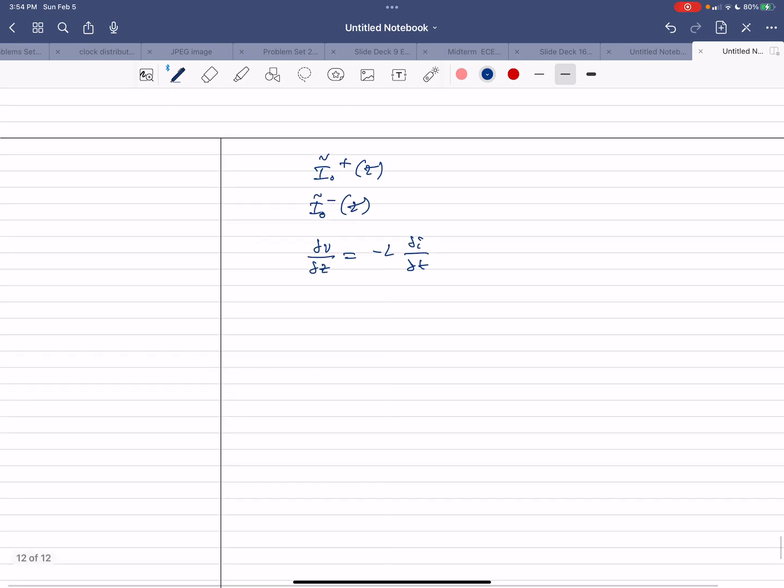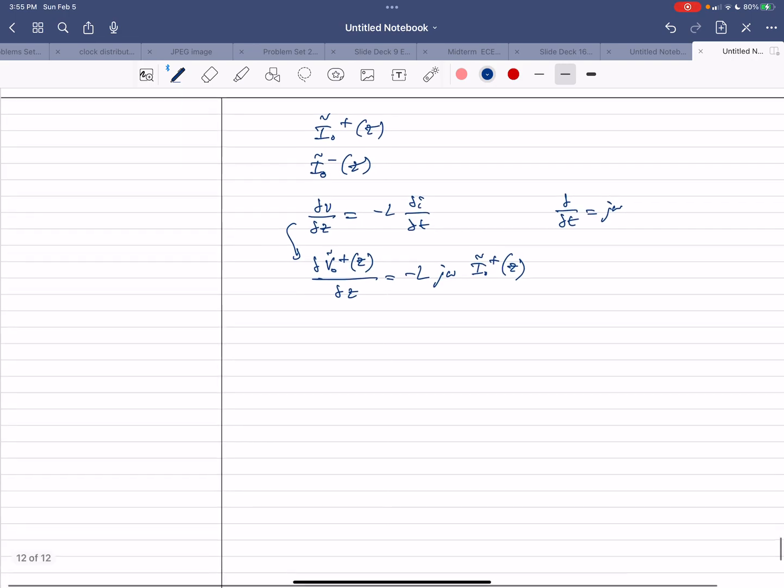Because we're operating in phasor notation, instead of the derivative with respect to t, we can just replace that with j omega. So we can write this in phasor notation as the derivative of the voltage phasor is equal to minus L j omega, the plus version of the current phasor.